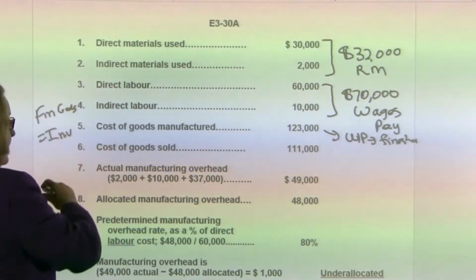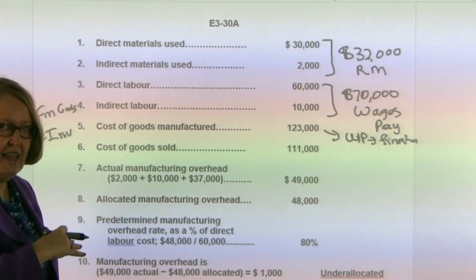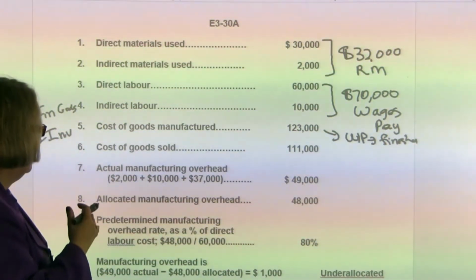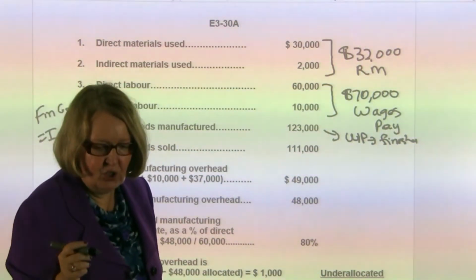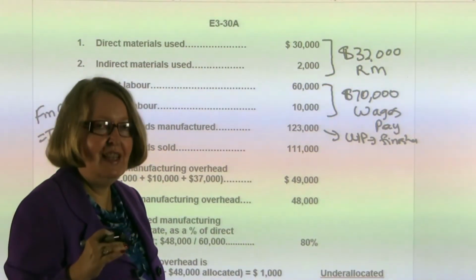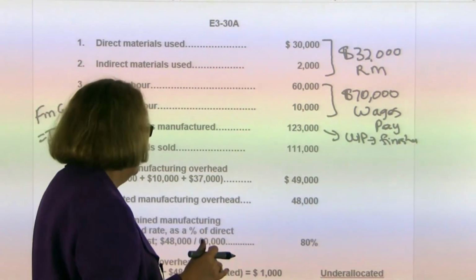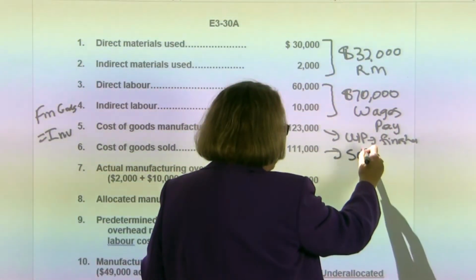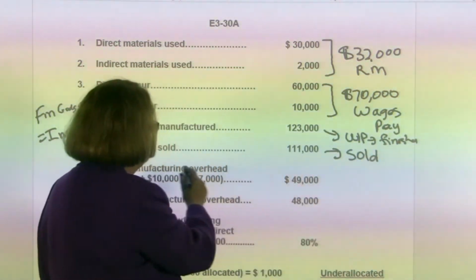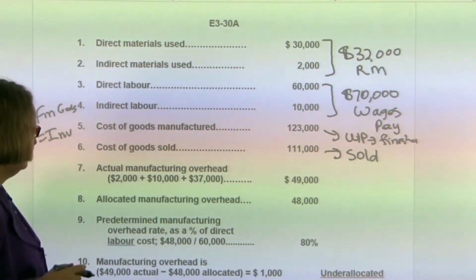If you're reducing an asset account on your balance sheet, which is what we're doing here, we're saying that from our finished goods inventory, we're reducing that by 111,000, so that means we really sold it. If it's coming out of finished goods, it's sold, so it goes into your cost of goods sold.